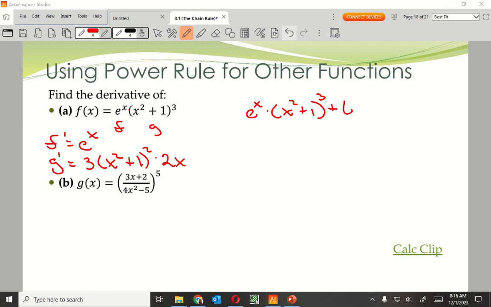So that's 6x times the quantity x squared plus 1, squared, times f, which is e to the x. And I could try to reorganize it, but it's not going to help very much because they both have factors.